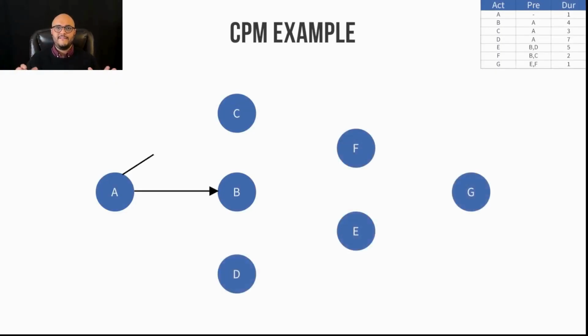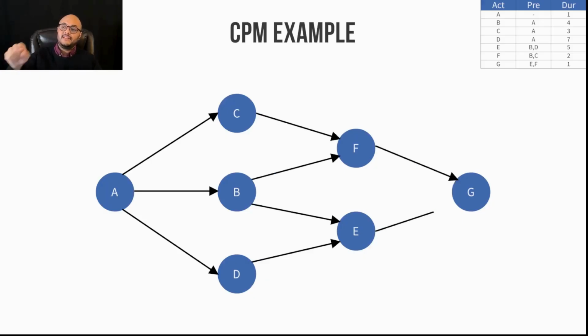Now it's going to take a second to draw it out here. It's part of my fancy animations. But in the meantime, at the top right you'll see that I've included our example with activity, predecessor, and duration columns, just so that we can reference it through the slides as we go along. And this is how I've drawn my network diagram. I started with activity A all the way on the left.